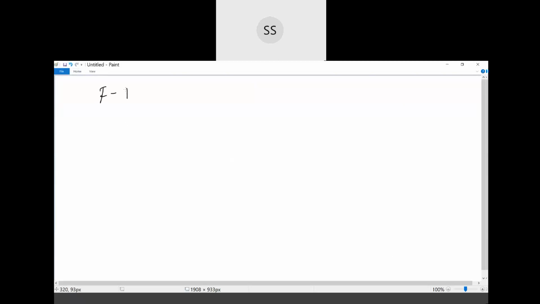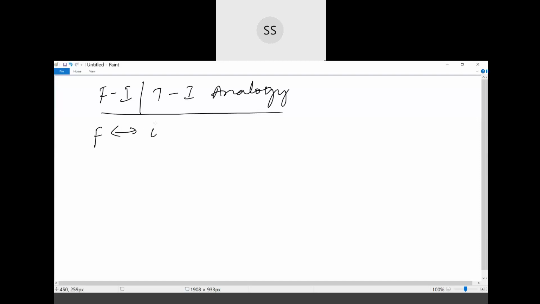Therefore, in the force current or torque current analogy, we can write that force is analogous to current I, mass is analogous to capacitance C, friction is analogous to 1 by R, spring is analogous to 1 by L, and x is analogous to phi.